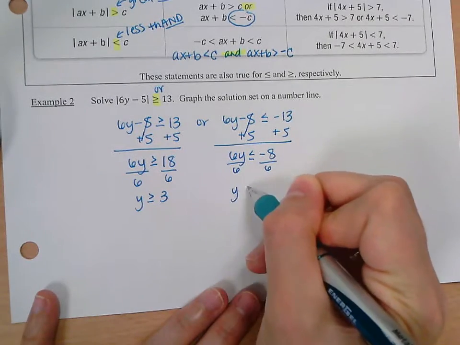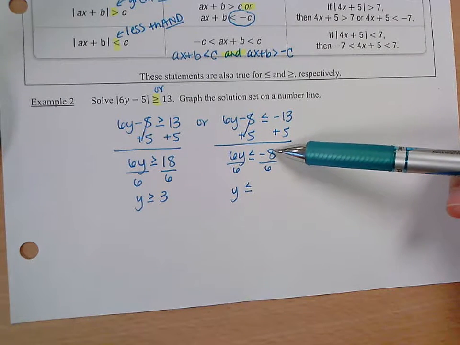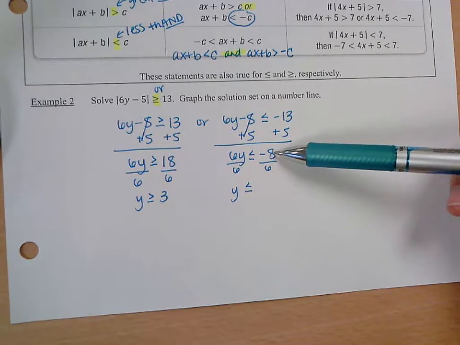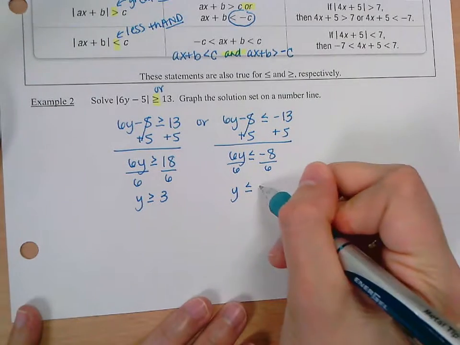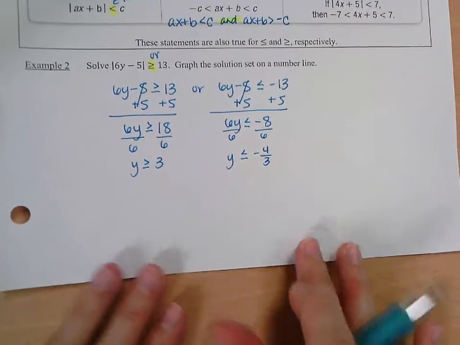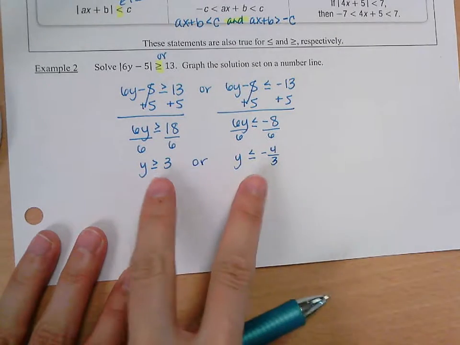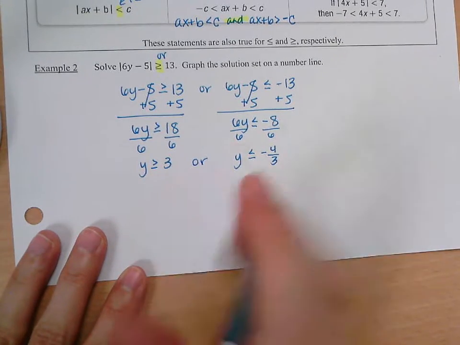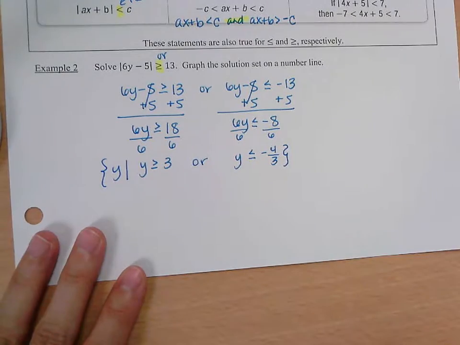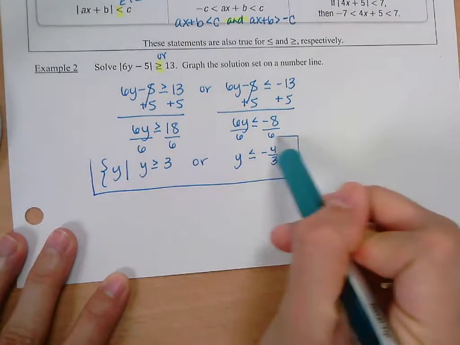Divide by 6, y is less than or equal to, and as a decimal it's a repeating decimal, so I'm going to leave it as a fraction, but I want to simplify. If I divide both by 2, it's negative 4/3. And then for my solution set, I just make sure that those two inequalities are joined with or. For set builder, I just kind of build that notation around it. So this is one way to write the answer.